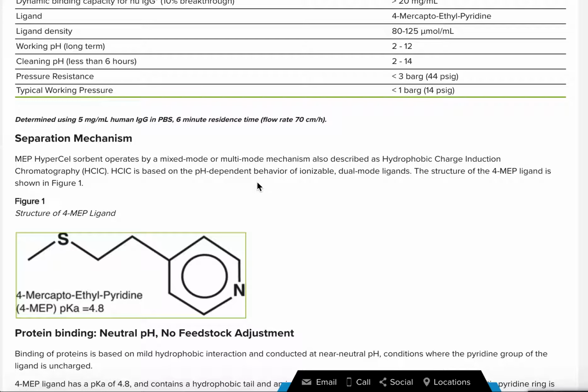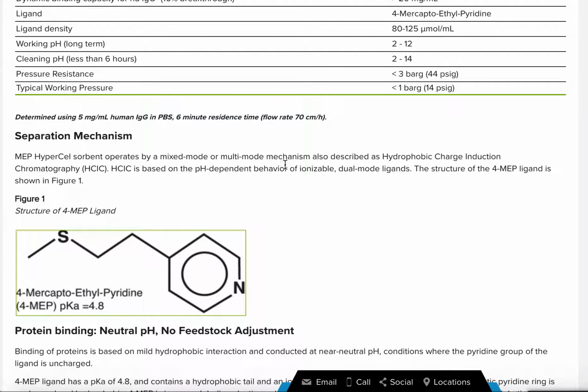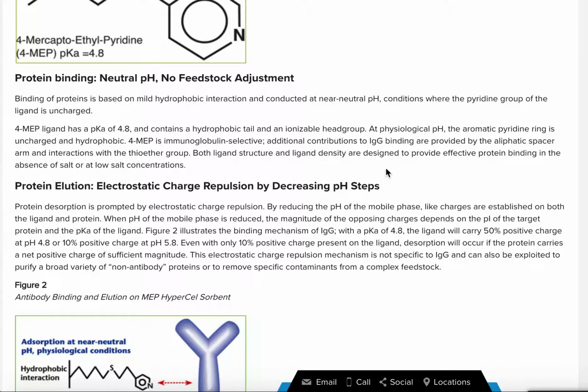And then you can see the separation mechanism: multimode mechanism, with protein binding at neutral pH and no feedstock adjustment. 4-MEP ligand has a pKa of 4.8 and contains a hydrophobic tail and an ionizable head group. At physiological pH, the aromatic pyridine ring is uncharged and hydrophobic. 4-MEP is immunoglobulin selective.